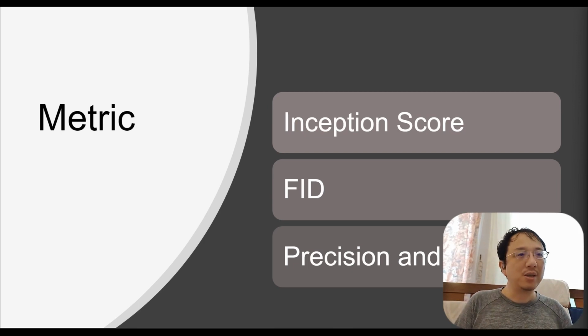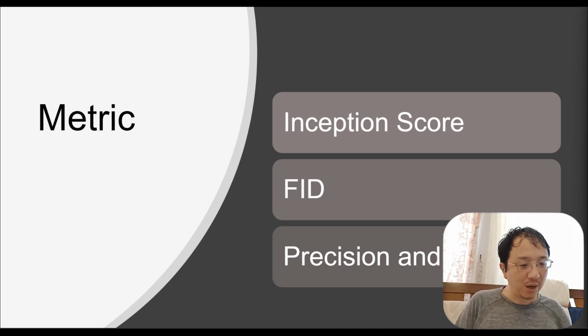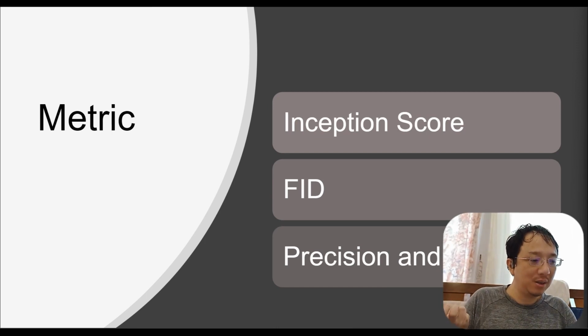However, these metrics are still very useful. Let me give you an example of why. Say you are training a lot of different iterations of the model. You have 10 checkpoints. How do you find out which checkpoint is the best one?